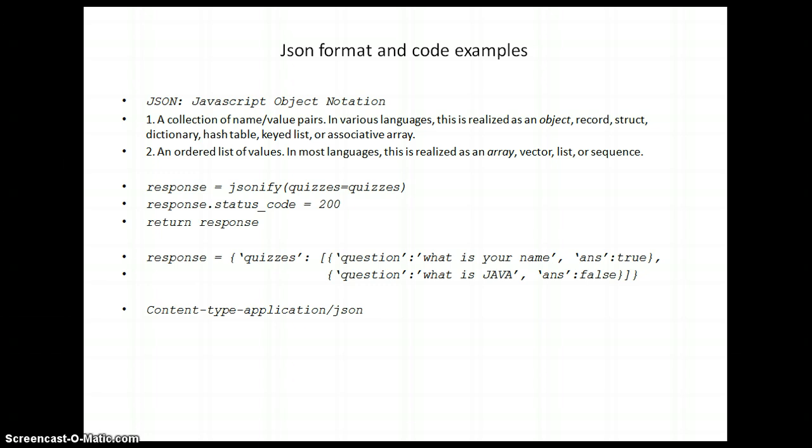And in the response, then you have to specify content type as application/json. You have to JSONify your data, like quizzes, for example, it'll be a dict, and you need to convert that into a typical JSON format, so you can use jsonify, and there are other functions, methods, libraries that are available to do that.